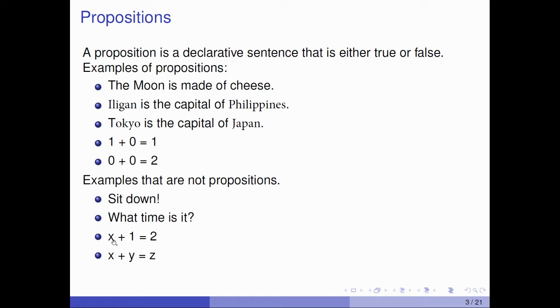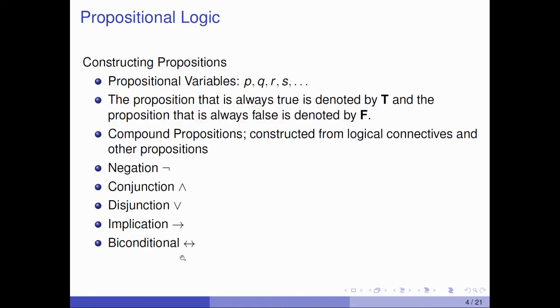In the first example, x plus 1 equals 2, you may substitute x by 1, and that makes this a true sentence. But you may also substitute another value other than 1, making this statement false. So this would be true for some, false for some. That is also true for the next example there. So these are not propositions.